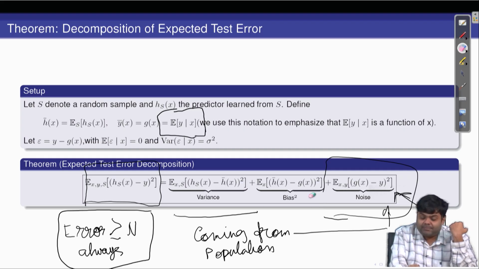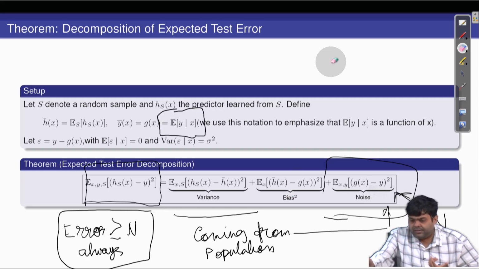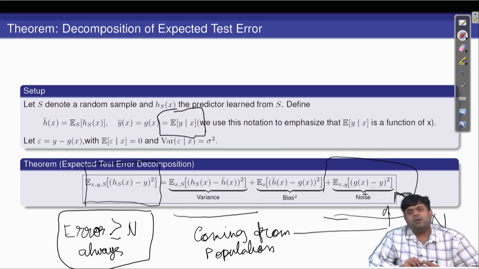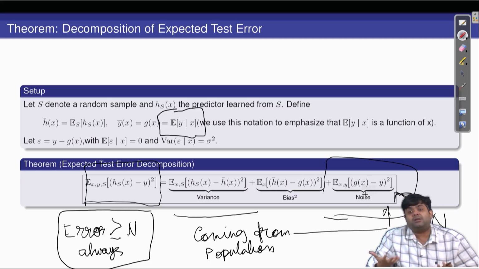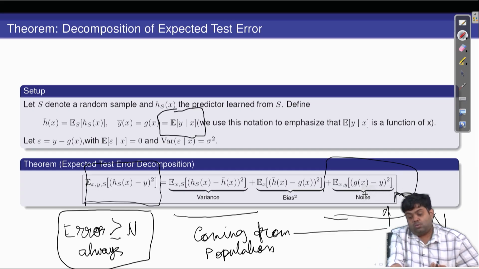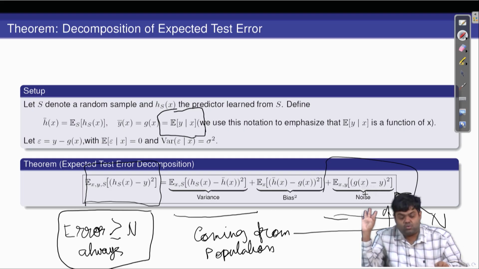If the algorithm keeps these two in check, that's the best any algorithm can do. The other thing that is involved is this indecomposable, untouchable error component that comes from the population, that's involved in the prediction game itself. So, this error will never go away. Whatever you do in the algorithm, you cannot beat this one.